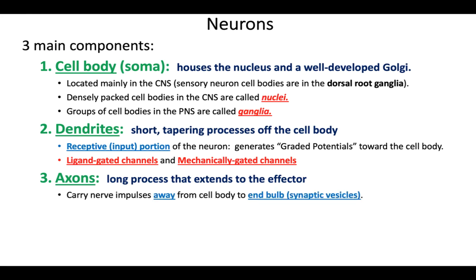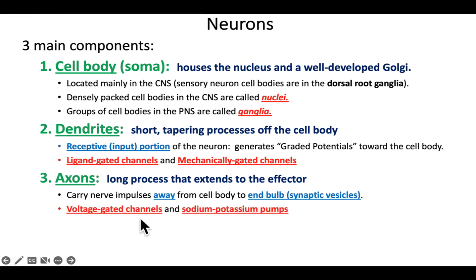So the axon carries the nerve impulse away from the cell body to the end bulb. At the end bulb, you're going to find the synaptic vesicles, and then the synaptic vesicles exocytose and stimulate the effector. All along the axon, you're going to have voltage-gated channels. Remember, an action potential is a voltage change, and that change is occurring because you have voltage-gated ion channels.